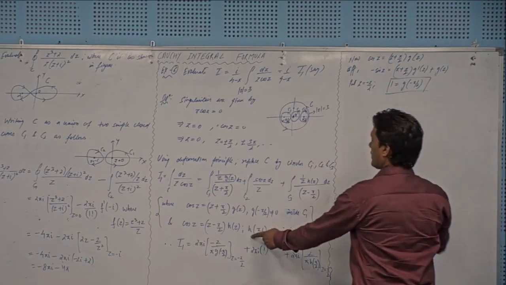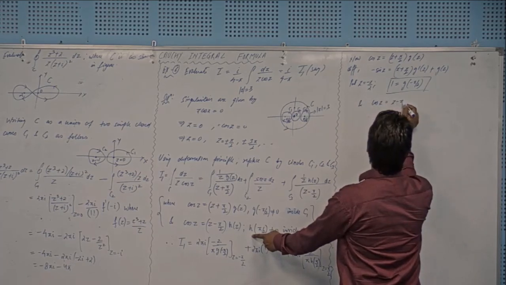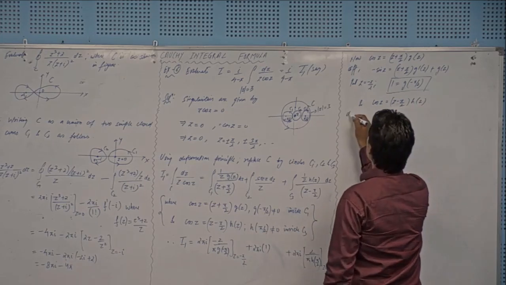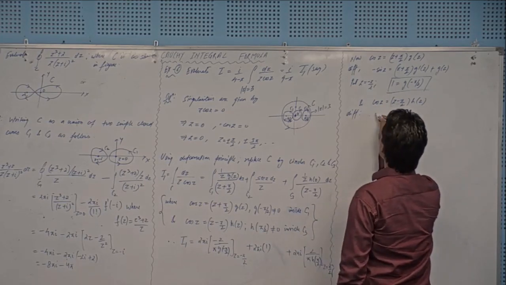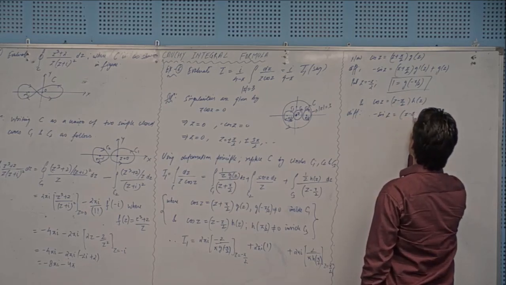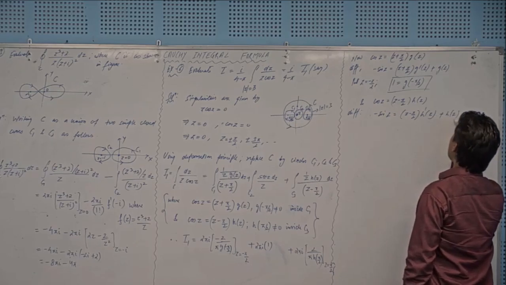Similarly, picking up the second relation, cos z is equal to z minus pi by 2 h z, and on differentiating it will produce minus sin z equal to z minus pi by 2 h dash z plus h z.